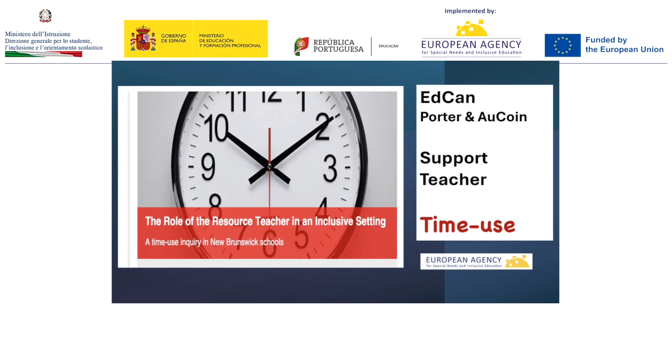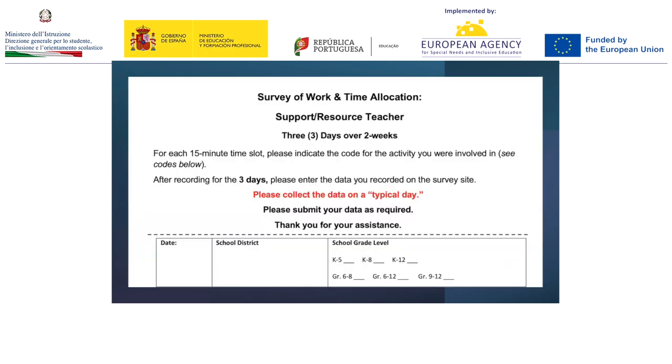It's a time use survey, which is intended to provide information in order to monitor and to refocus how teachers spend their time. Now, this is a specific monitoring device that we developed, and let me explain it to you. It's a survey of the work and time allocation of support or resource teachers.